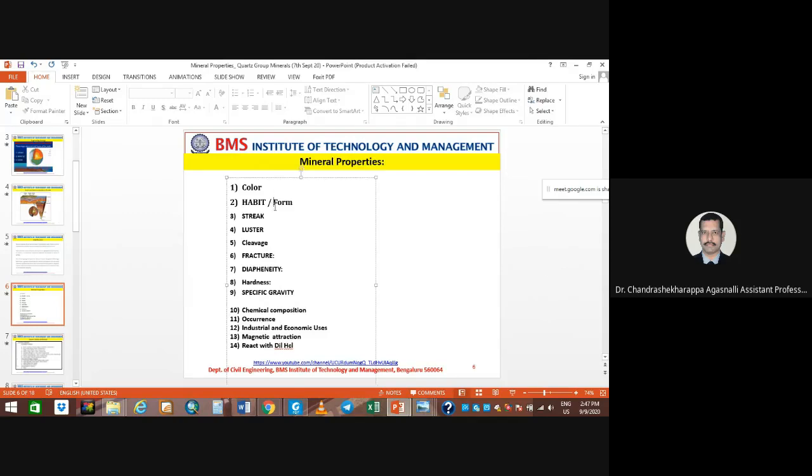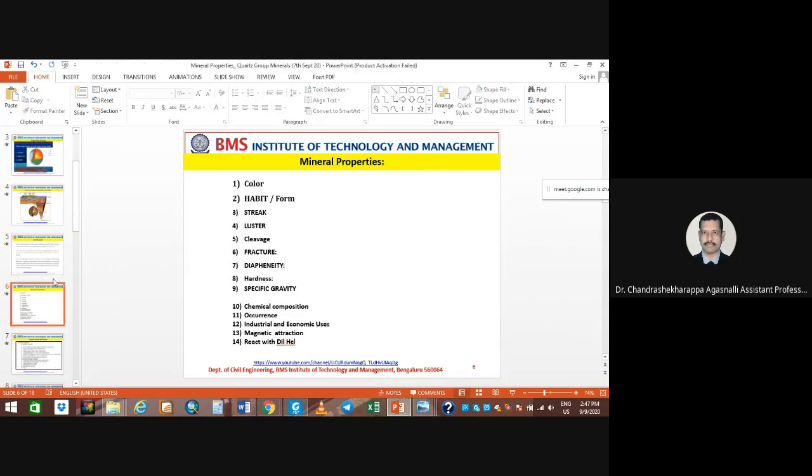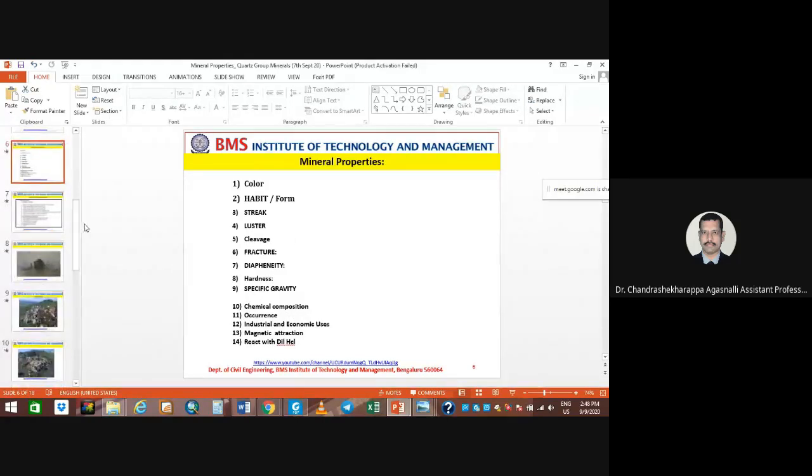These are the main physical properties of minerals, and in the exam you may be asked to briefly describe what affinity is, what a fracture is, or the economic uses of a particular mineral.